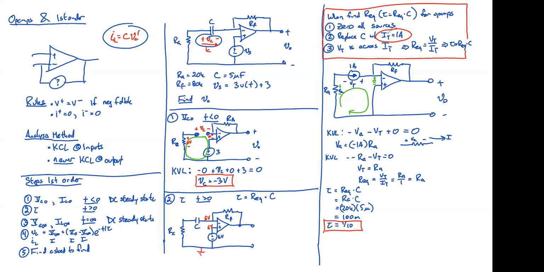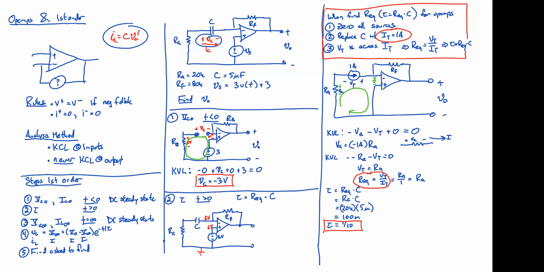Yes, sir. I have a quick question. How did you find REQ? I'm following up to that point. Remember, when we're doing Thevenin equivalents, there are 4 ways to find a Thevenin equivalent. The last way, the hardest way, the one you want to avoid if you can, is when you've got just dependent sources. Then you have to put in a test voltage or a test current, and your REQ is the ratio, just Ohm's law, of V test to I test.